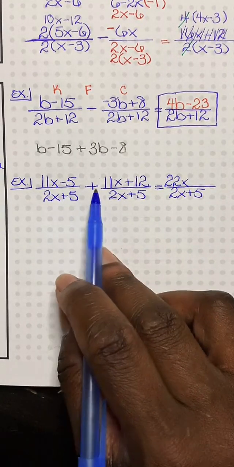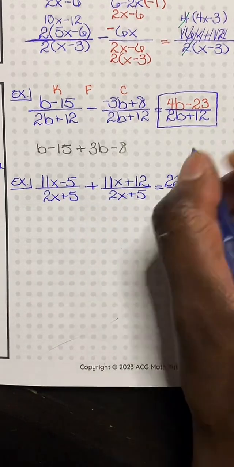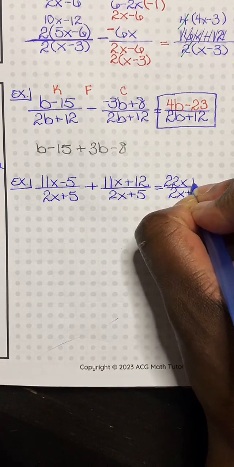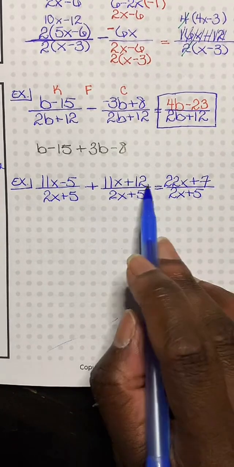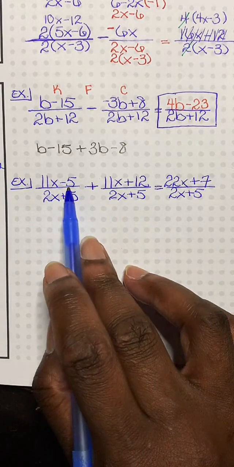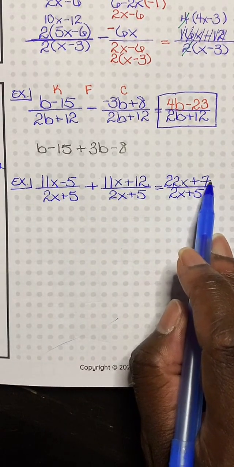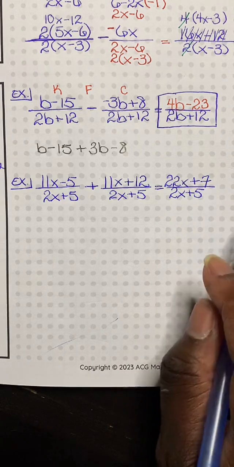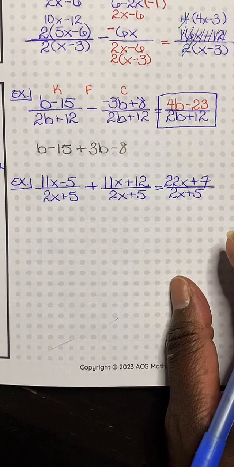Then negative 5 plus 12 gives me a positive 7. I have $12, I spent $5, I still have $7, so I'm still in the plus.